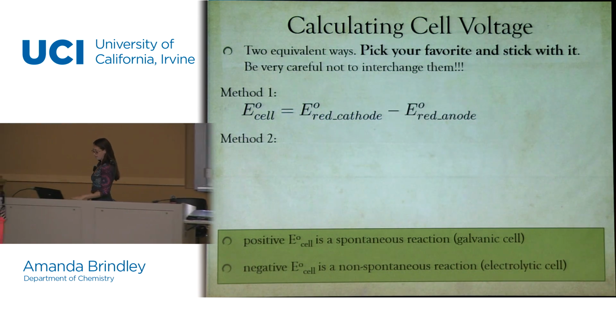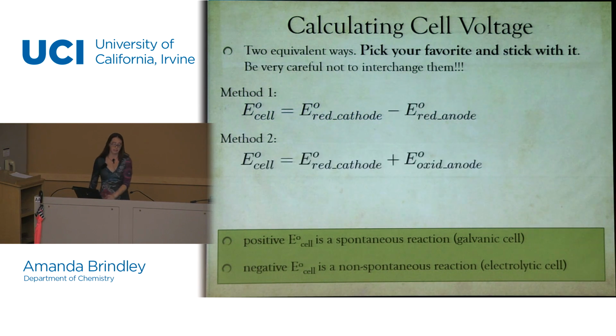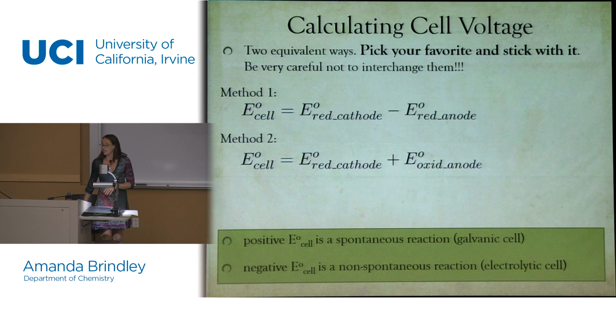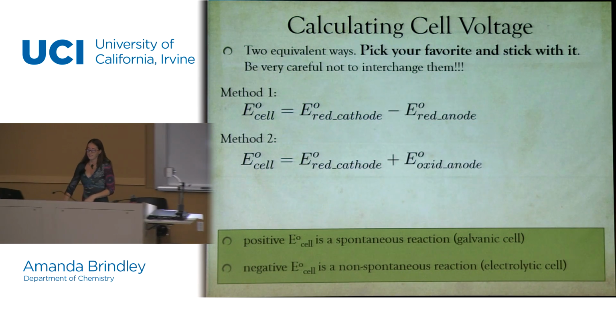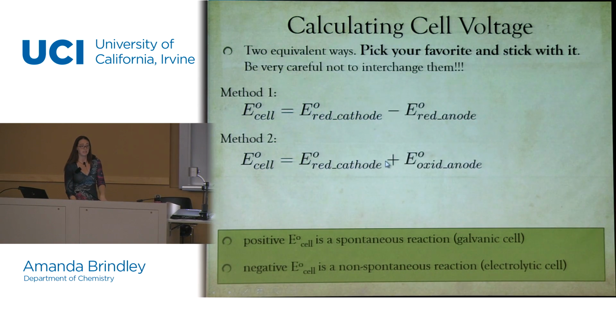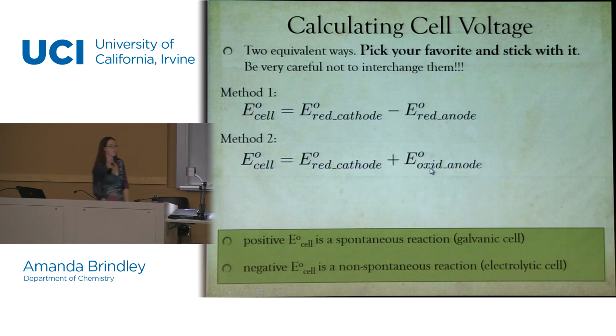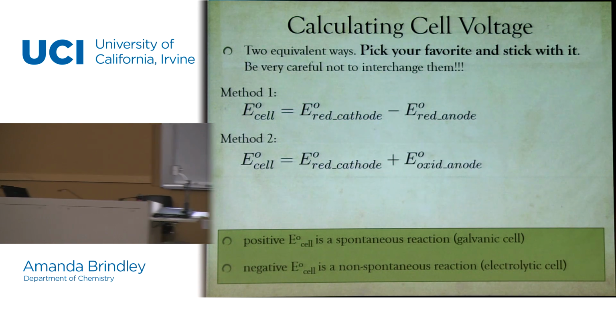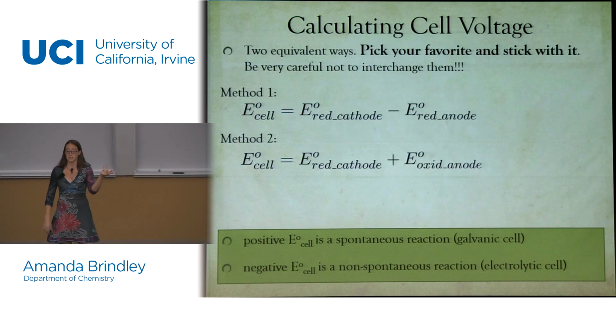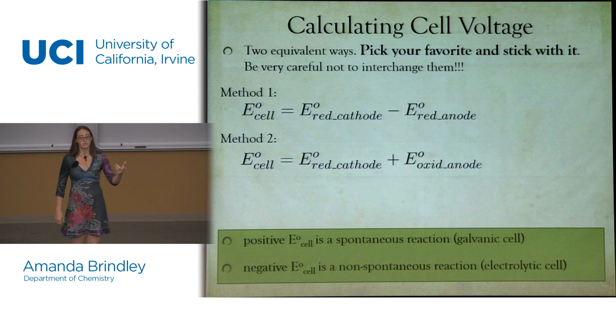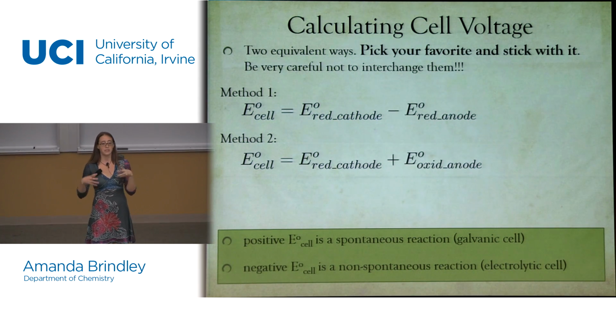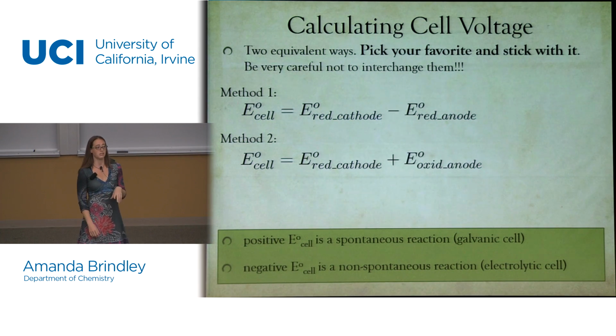The other way, this is my personal favorite, but you shouldn't let that sway you. It's not because it's better, it's just because I like it, is instead to do addition. And notice what's down here now. This isn't reduction, this is oxidation. What do we know about the oxidation potential? Is it what's listed on the table? That's the reduction potential. How do you take the reduction potential and turn it into the oxidation potential?